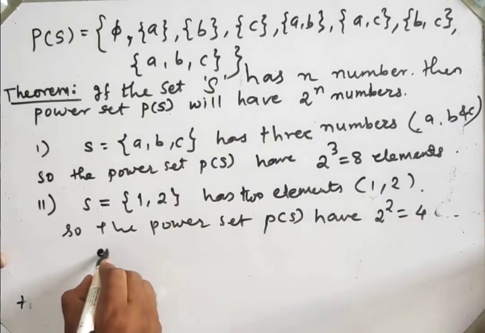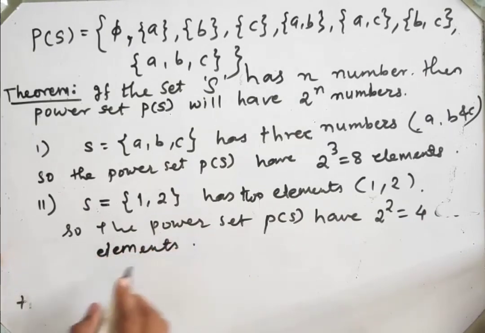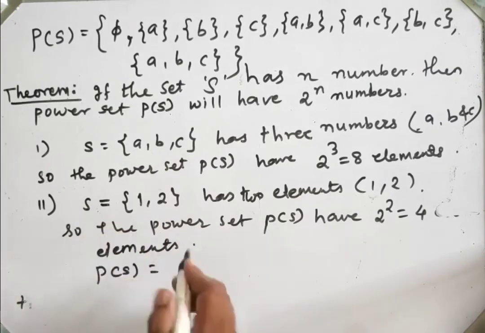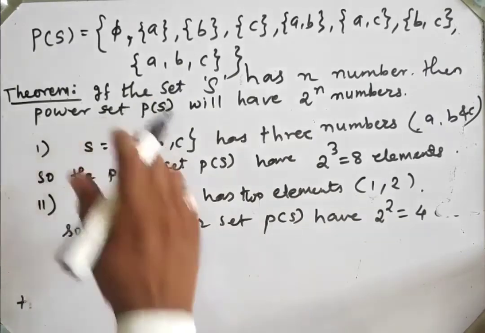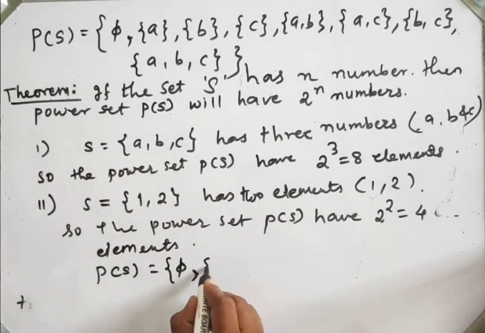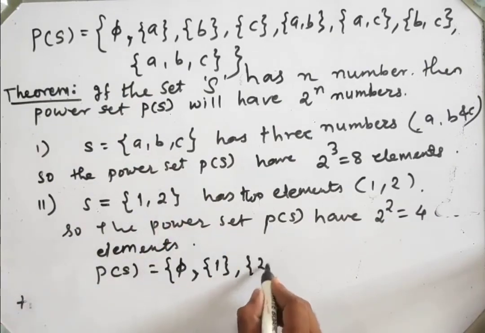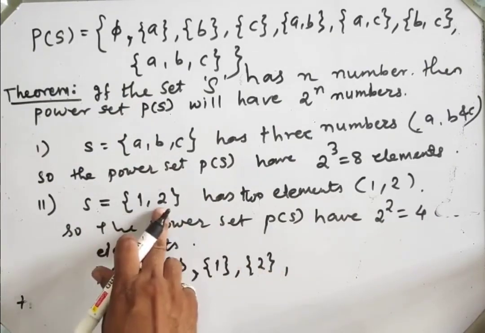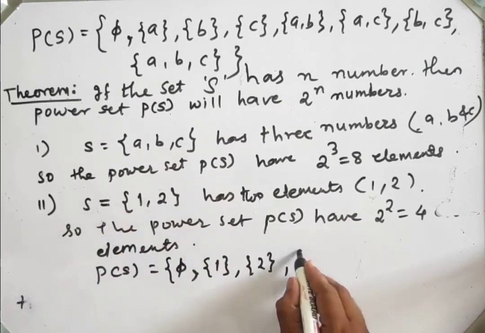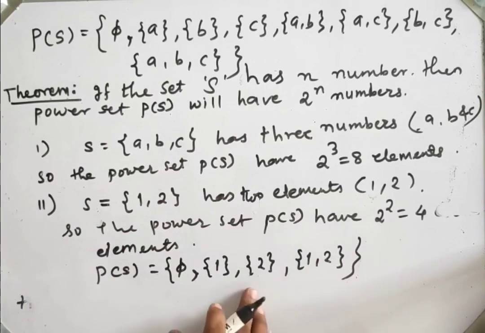And what are they? What is the power set of set S? First, phi is always a subset of every set. Next singleton 1, next singleton 2, and last, set 1, 2 itself, or set S itself. So there are a total of 4 elements in the power set of S.